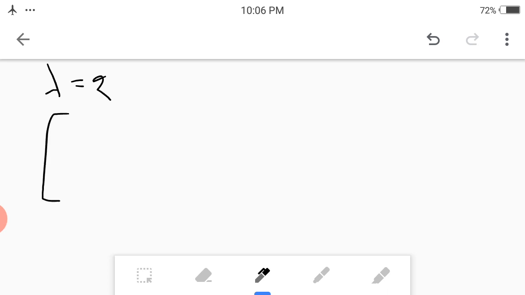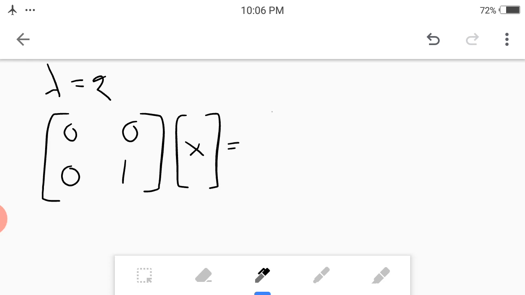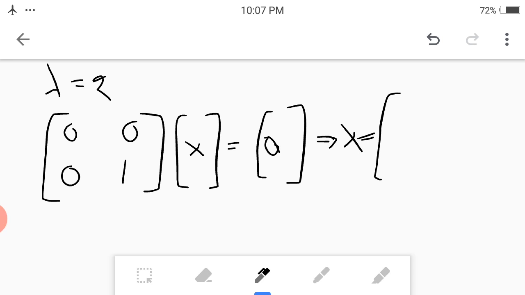You get 0 0 0 3 minus 2 is 1, into x equals 0. That will give you an eigenvector x as 1, because that's your free variable, and a 0 here. This is your vector v2. We can observe v1 and v2 both are orthonormal.